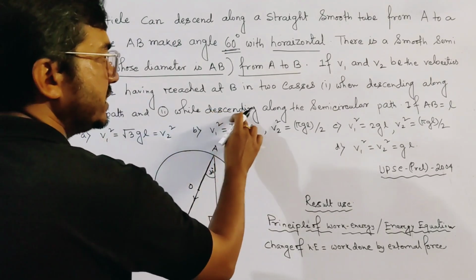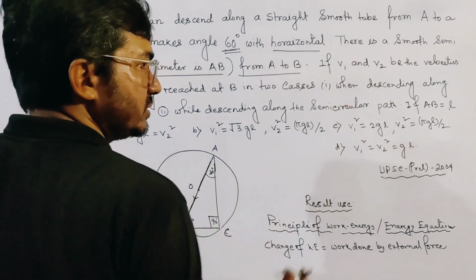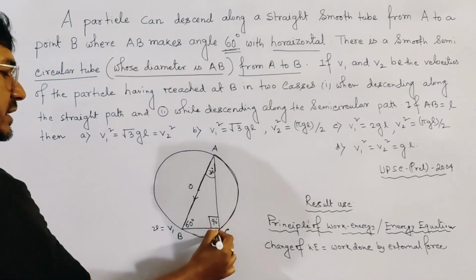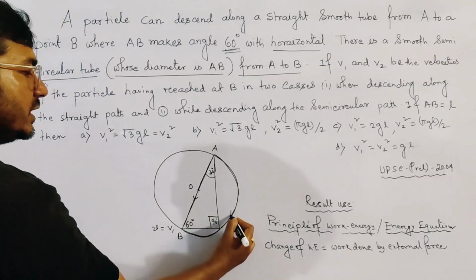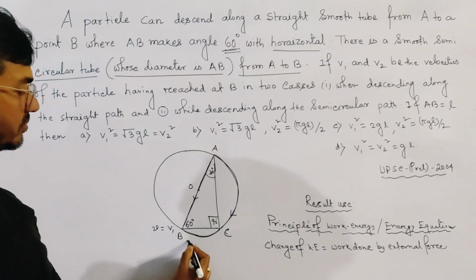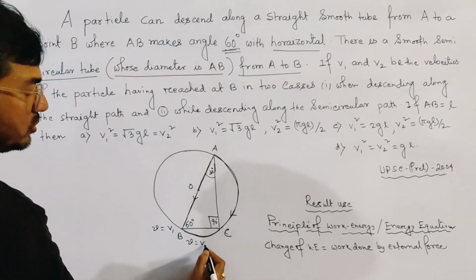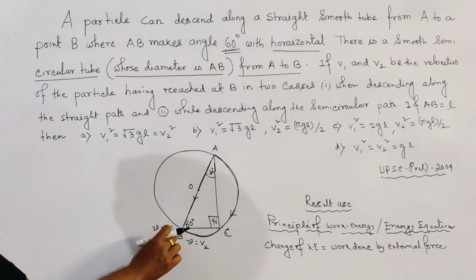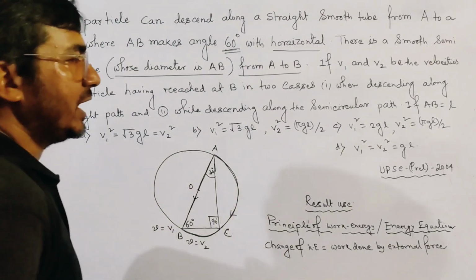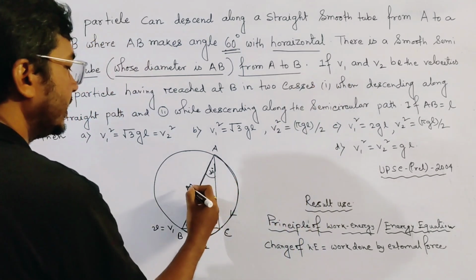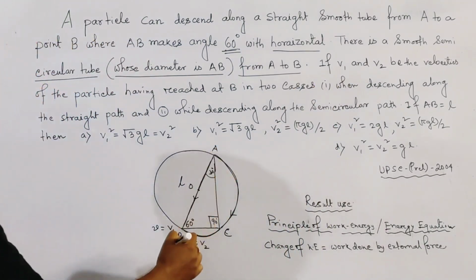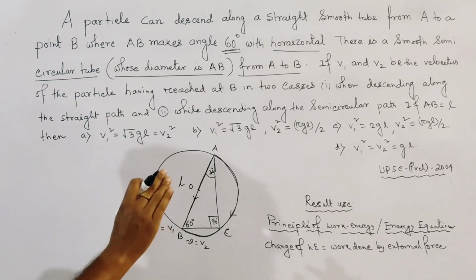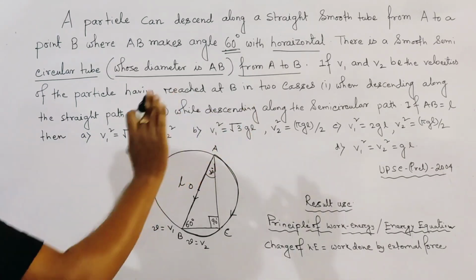While descending along the semicircular path, the velocity V is equal to V2. These two velocities are at the same point, that is the point B, where AB is equal to L, the diameter. Then we have to find the correct alternative. Four alternatives are given here.